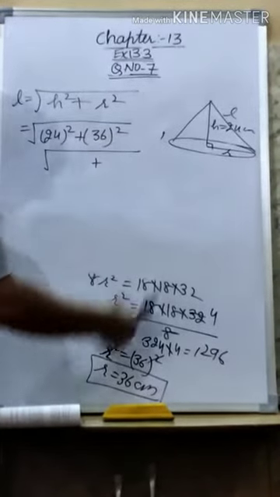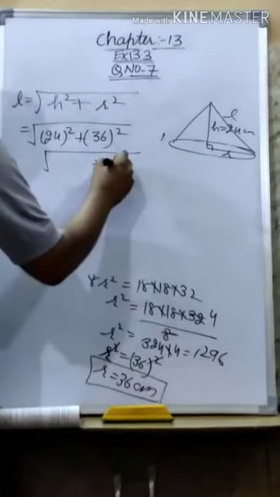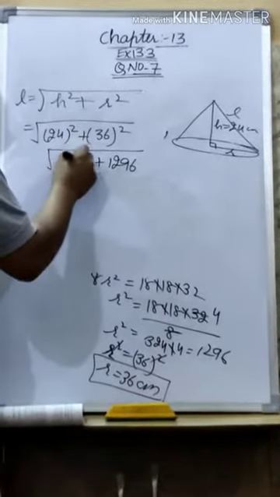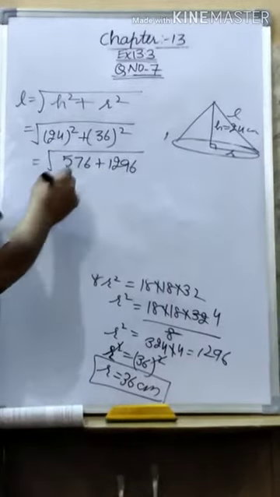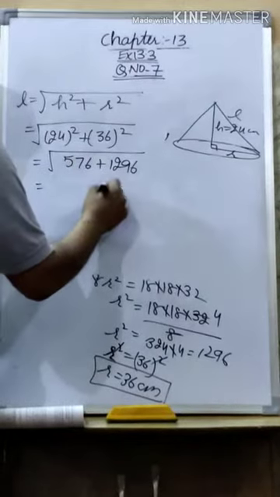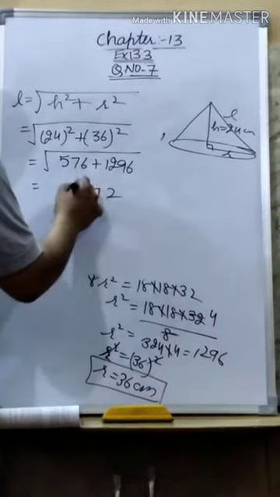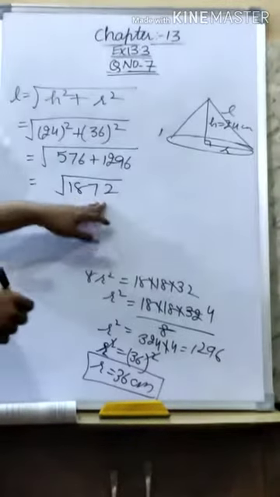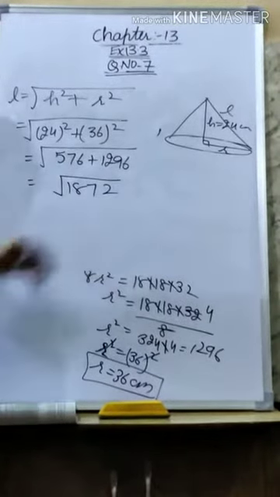And 36 square is 1296 and 24 into 24 is 576. So 6 plus 6 is 12, and then 1872. Clear this? Now if you find the square root of this, you will not get a round figure.